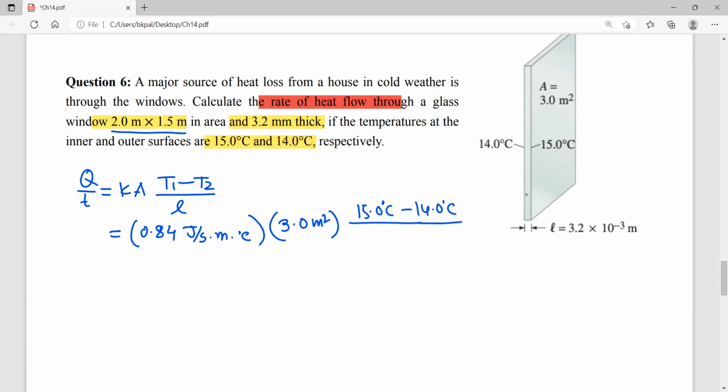And the thickness is 3.2 millimeter. So millimeter means 10 to the power minus 3 meter. Okay, 1 millimeter means 10 to the power minus 3 meter. So if you plug all these values in your calculator correctly, you should get something like this: 788 watt.